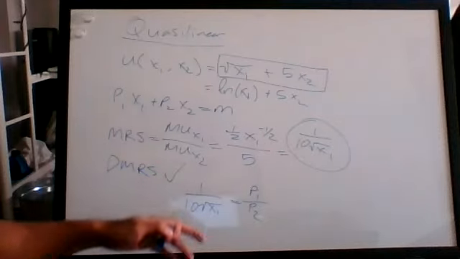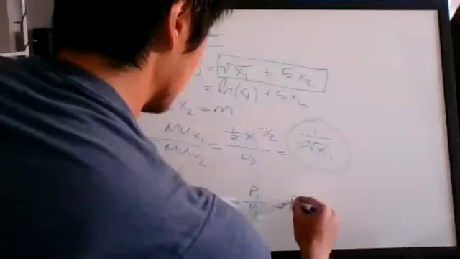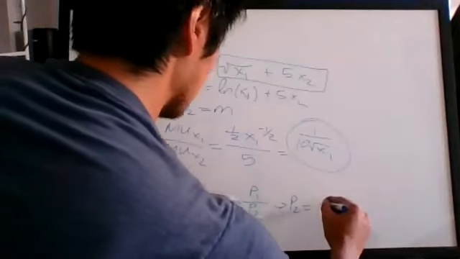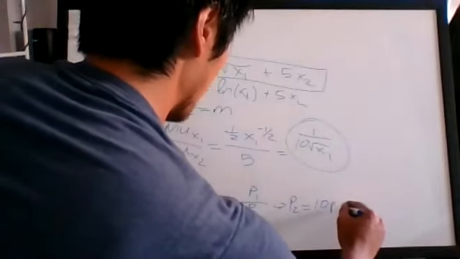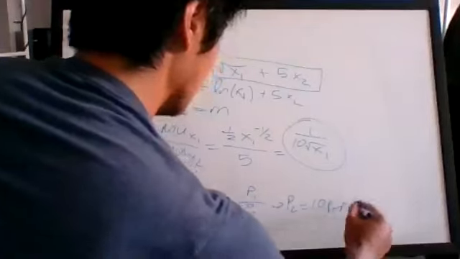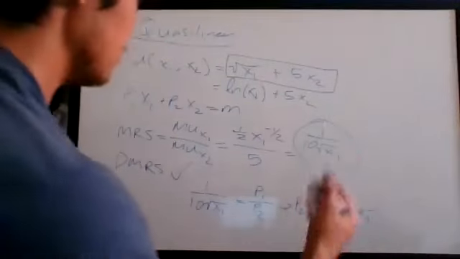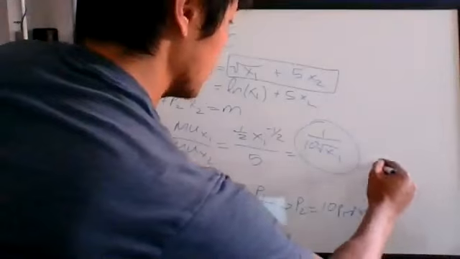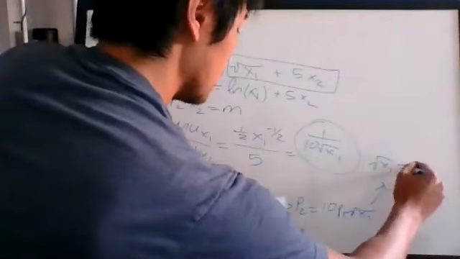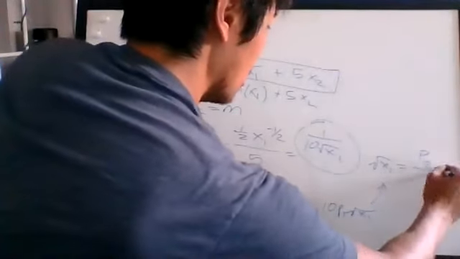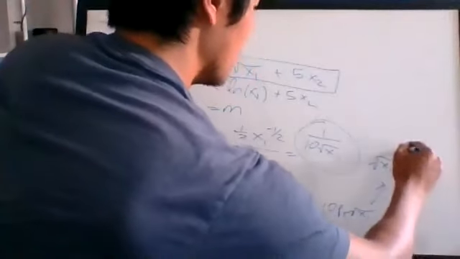So let's work through a problem. If we were to actually work this out, you would get something like P2 is equal to 10 P1 square root of x1. And so square root of x1 is equal to P2 over 10 P1.